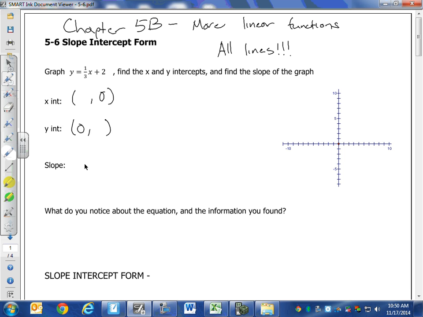Try your x-intercept again. You have to do some math here. That one again.